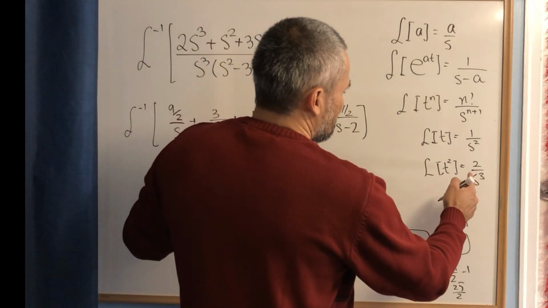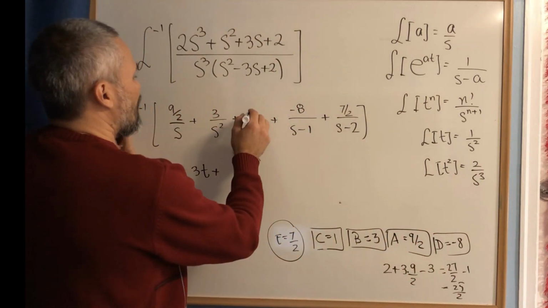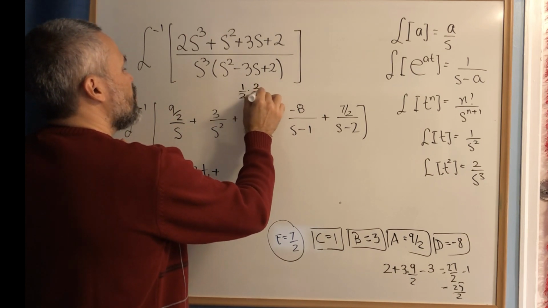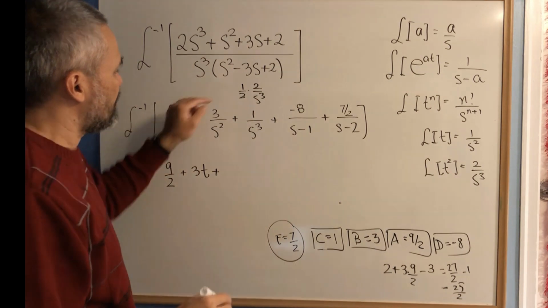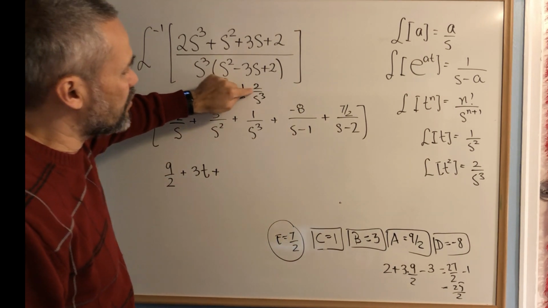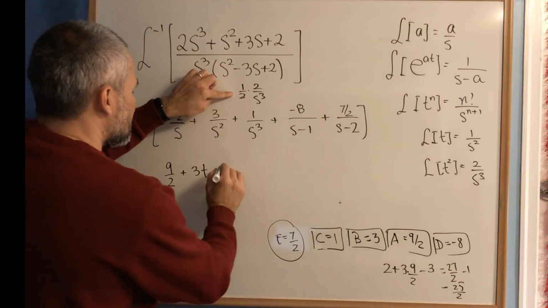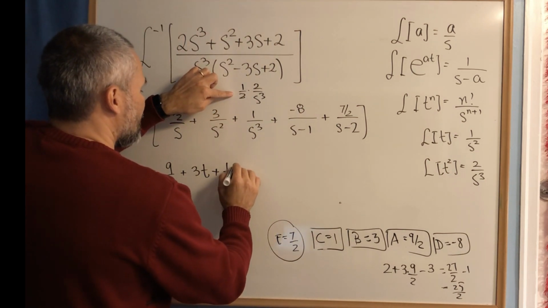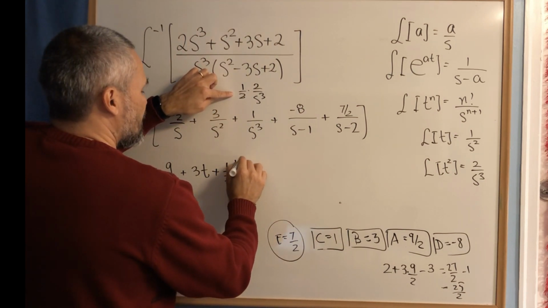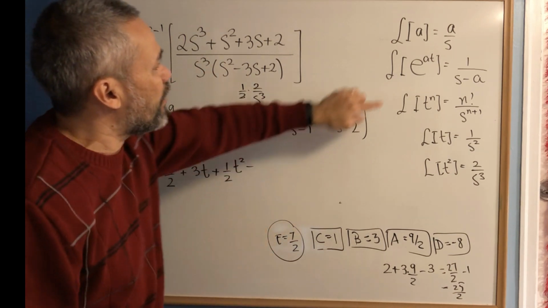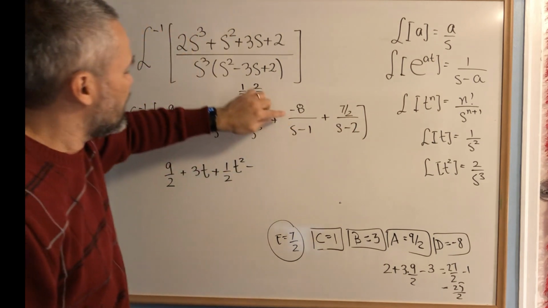Let's see. I can write 1 over s cubed as 1/2 times 2 over s cubed, right? But 2 over s cubed is the Laplace transform of t squared. That means that this is 1/2 of t squared, right? What else here? Now we are going to use this formula.